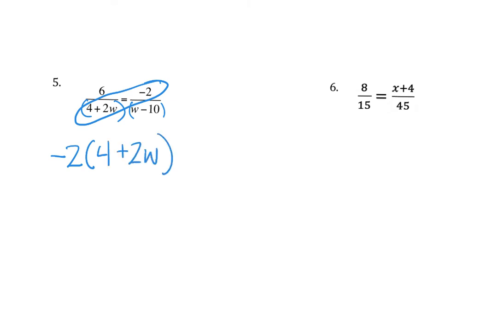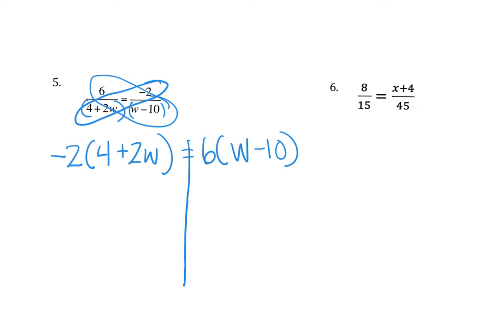Now I have to do this side over here, and I have to write 6 times w minus 10. Before we can move anything from side to side, I need to simplify on both sides. So I'm going to distribute the negative 2, and that's negative 8 minus 4w, and is equal to 6w minus 60.